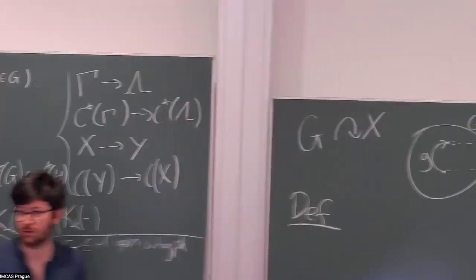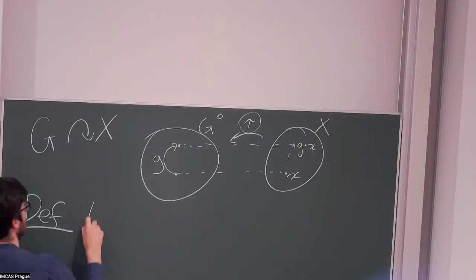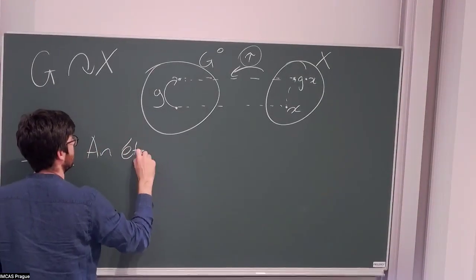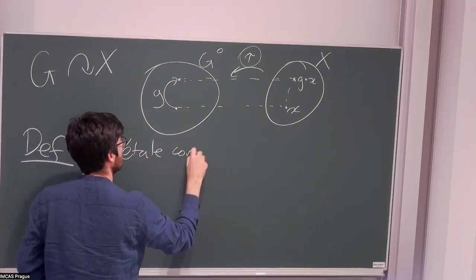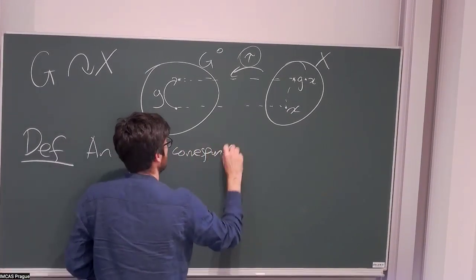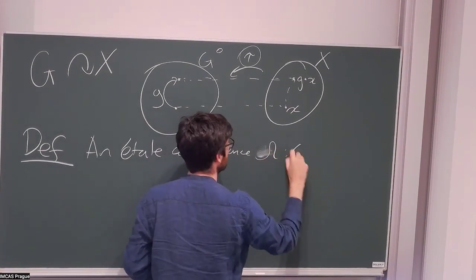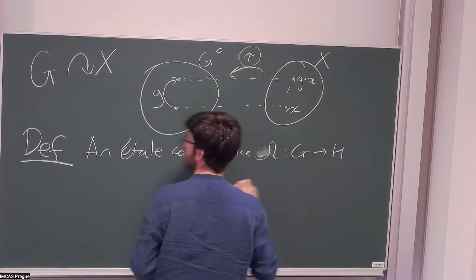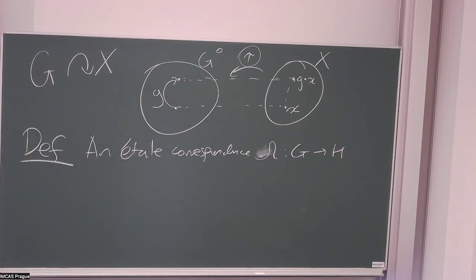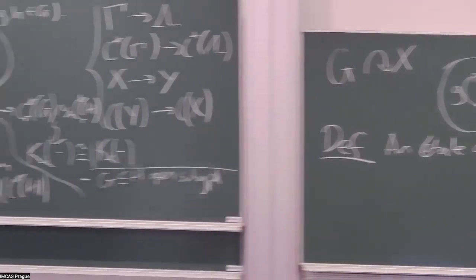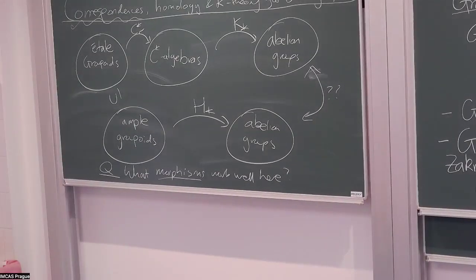So let me give you the definition of a correspondence. An étale correspondence. The groupoids I work with are called étale groupoids. What that means is they're sort of discrete in the group direction.